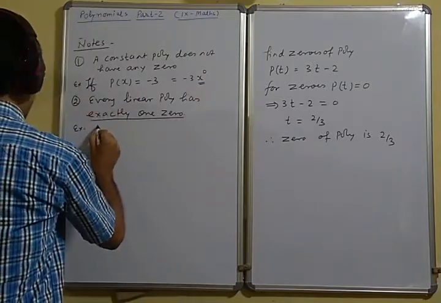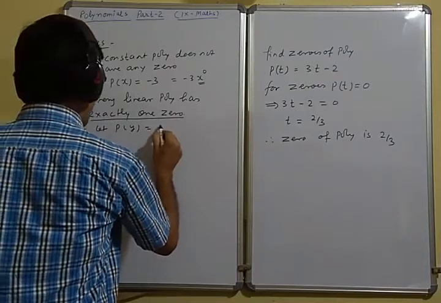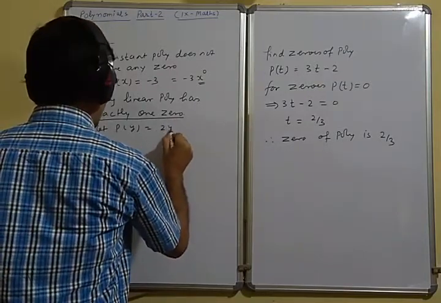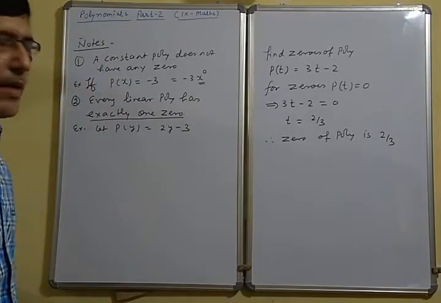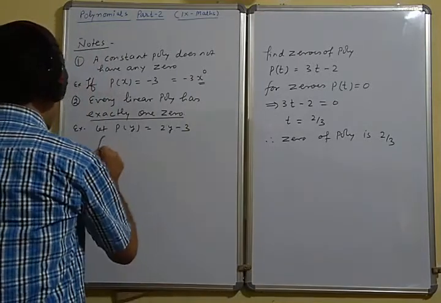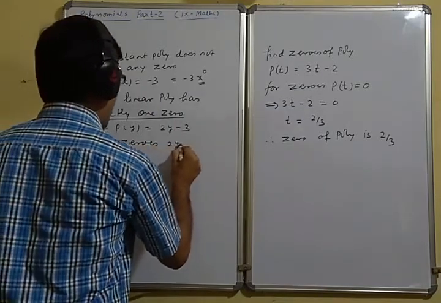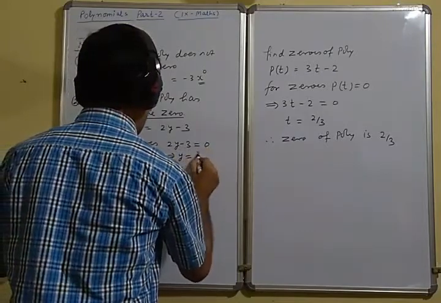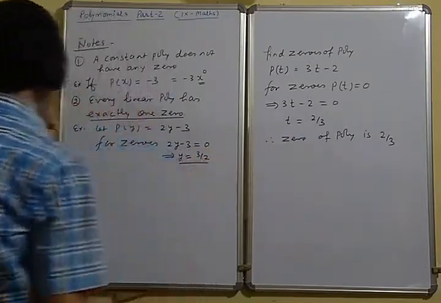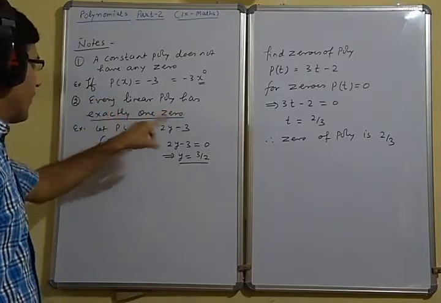So let p(y) is equal to 2y minus 3. So for zeros, 2y minus 3 becomes 0, which implies that y is equal to 3 by 2. So every linear polynomial has exactly 1 0.